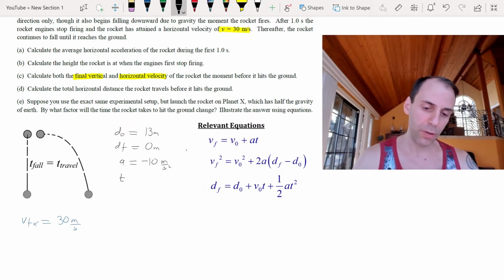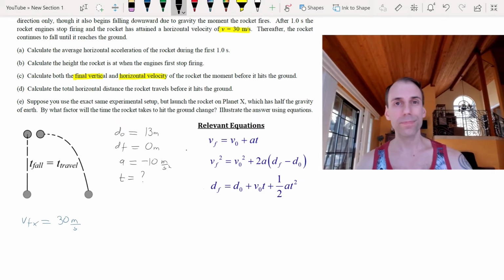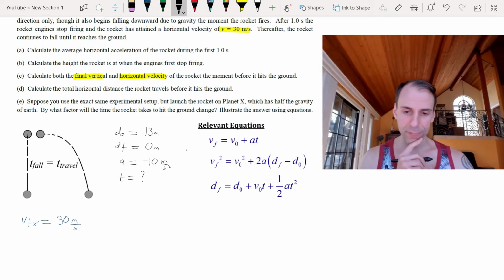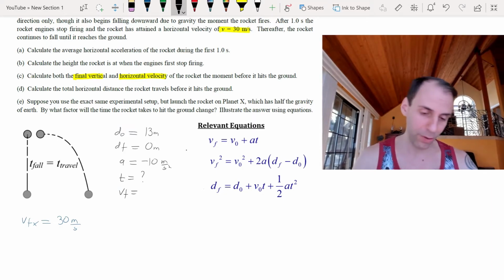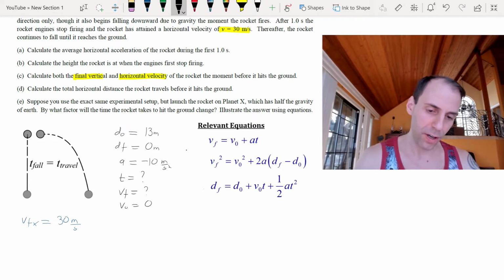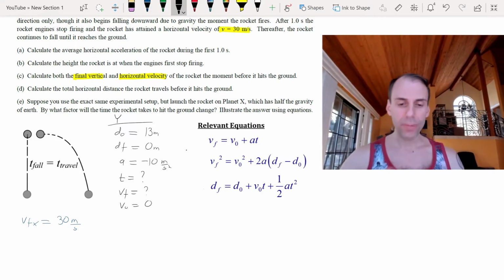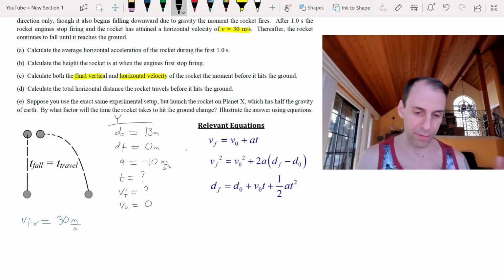The time, we don't know how long it takes to fall, so we don't have that. And we are trying to figure out final vertical velocity, and initial vertical velocity is 0. Again, by the way, this is all in the y direction.